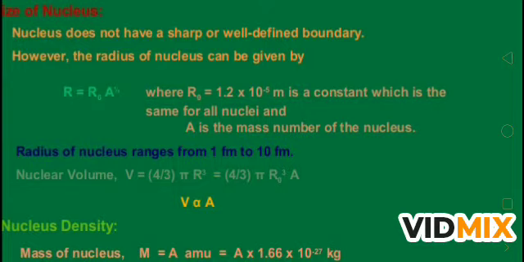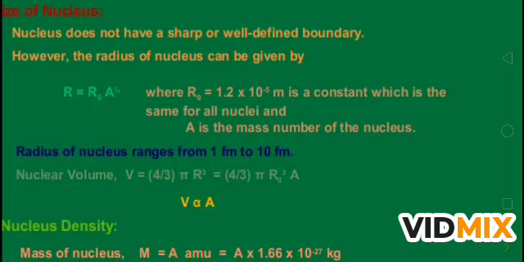Size of nucleus you can see from your NCERT page number 441, and the equation number 13.5, it is given r is equal to r naught a to the power 1 by 3, and the value of r naught is 1.2 into 10 to the power minus 15 meter. This means that the volume of nucleus, which is proportional to r cube, is proportional to a.